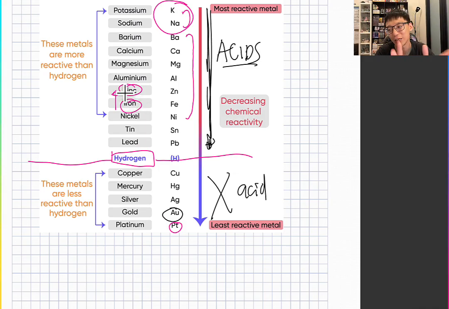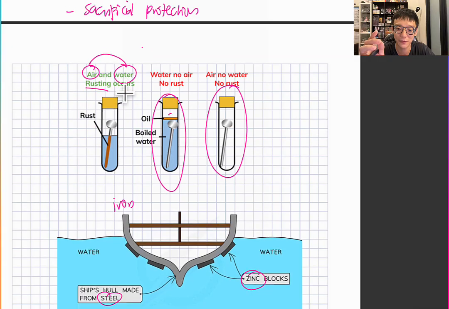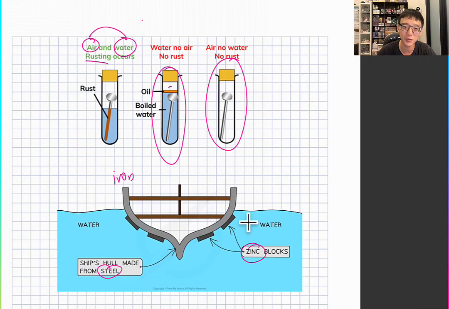So if we put zinc on top of iron, then the water would find the way to react with zinc first, because zinc is more reactive, right? So now your iron, the main structure of the ship, would be relatively safe, because the zinc is sacrificing itself so that the iron structure would be safe. That is why it's called sacrificial protection. So we put something that is more reactive.